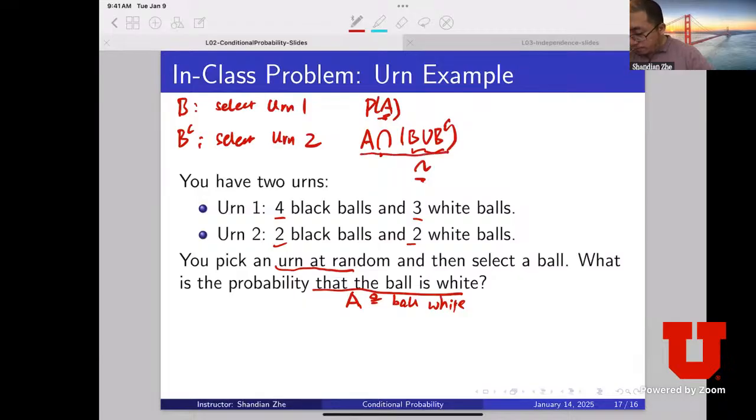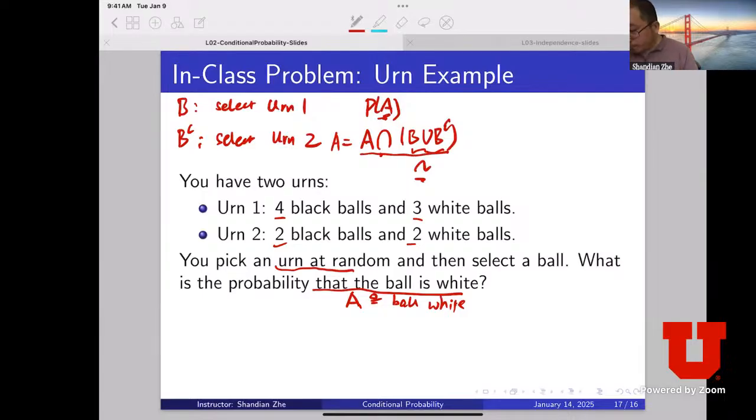So A equals A intersection with the whole sample space. Everyone agrees with this, right? Because the whole sample space contains A, so A intersection with some bigger set containing A will still be A itself.